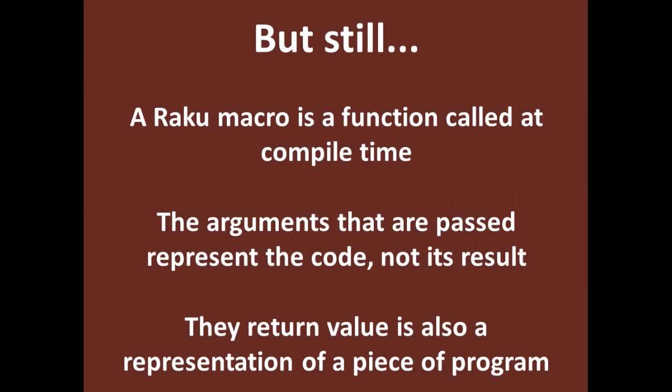So the compiler says, I've got the arguments here, I've parsed them, I've got some tree, some object model representing the arguments. Now I'll call the macro and I'll pass those in. And the macro will return some other representation of a piece of program, and that will get spliced in just as a child node of wherever this call was. So we get a lot of the same kind of benefits. Really, it's doing AST macros.